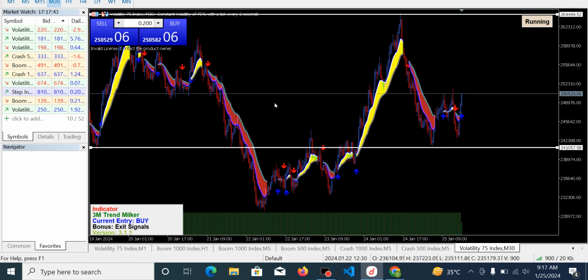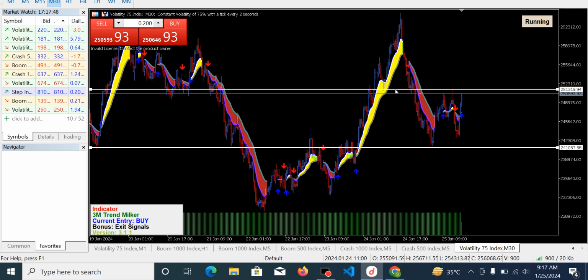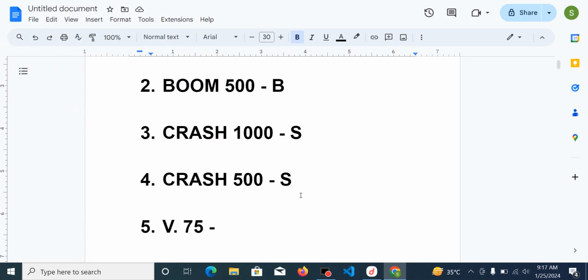So if it's unable to break out below the support zone and it breaks out above this resistance zone, then it will keep on buying. But if it breaks out below the support zone, it will continue with the sell trend, so you should take note of that. So for now, wait for the breakouts. So this is very important.